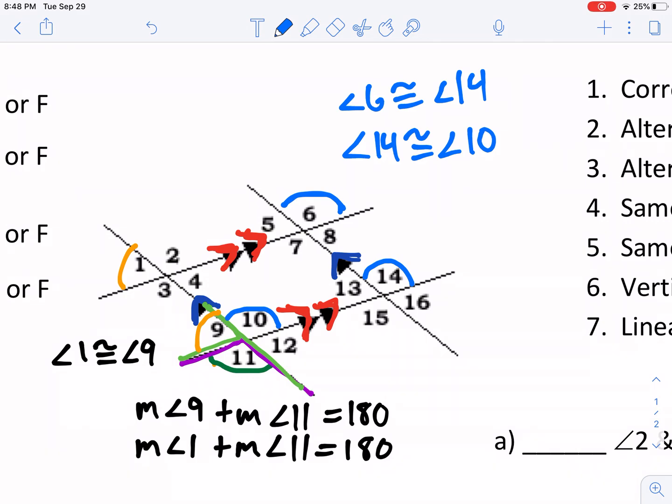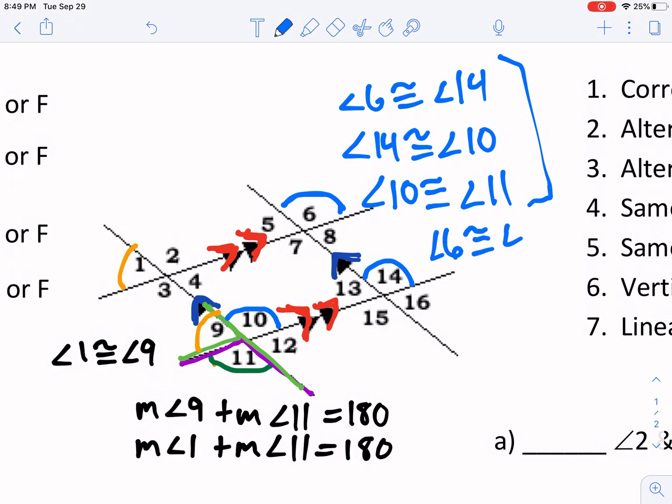Based on the vertical angle theorem, they're also congruent, so angle 10 is congruent to angle 11. Well, based on all of this, what do we know about angle 6 and angle 11? This is almost like the transitive property, right? Take out the middle man. Doesn't that mean angle 6 is congruent to angle 11? Yeah. So angle 6 and angle 11 are congruent.